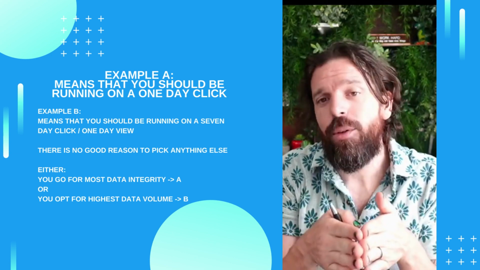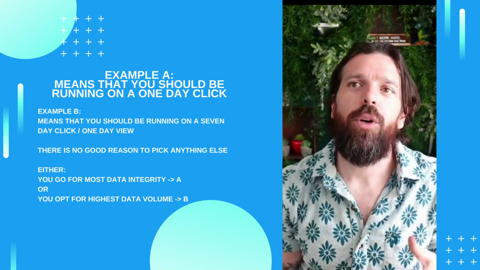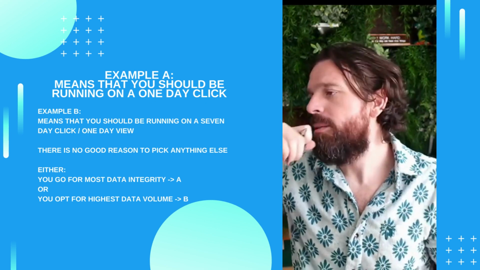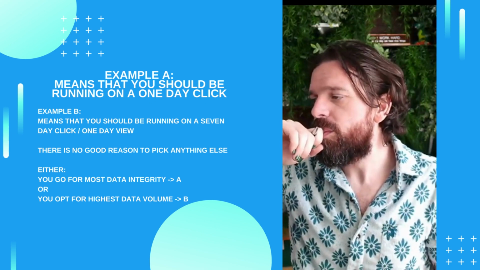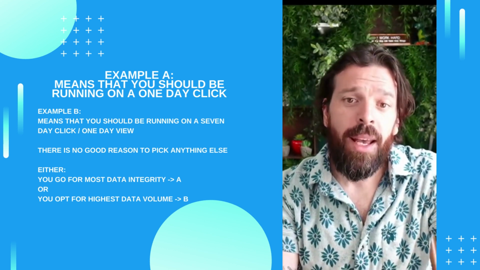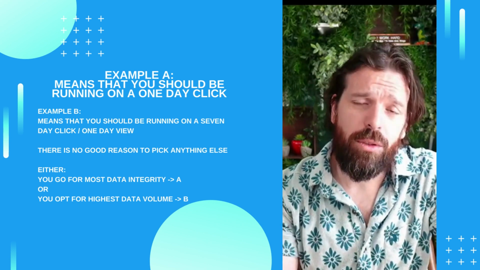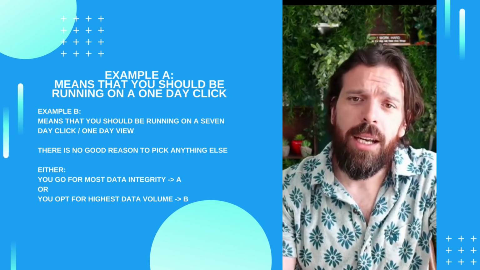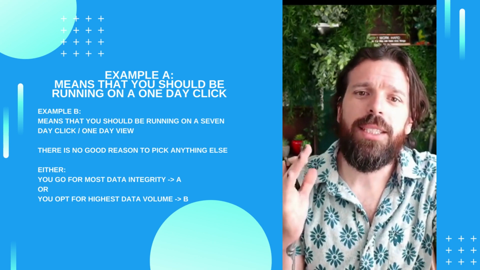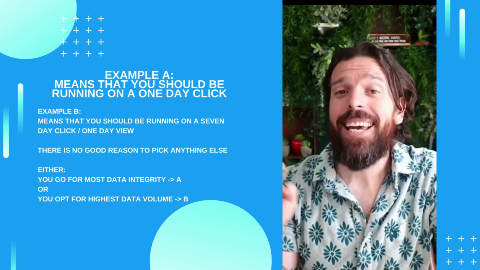Highest data integrity to the last action, because you know how Facebook operates inside of your business's ecosystem. Example B, where you don't drive dozens or hundreds of conversions a day, that means you should be running a 7-day click, 1-day view. And there's really no good reason to use anything else.